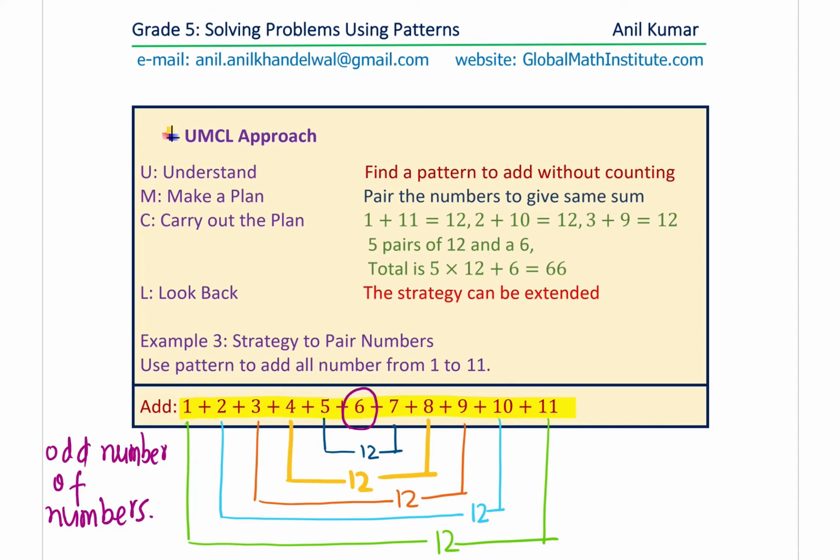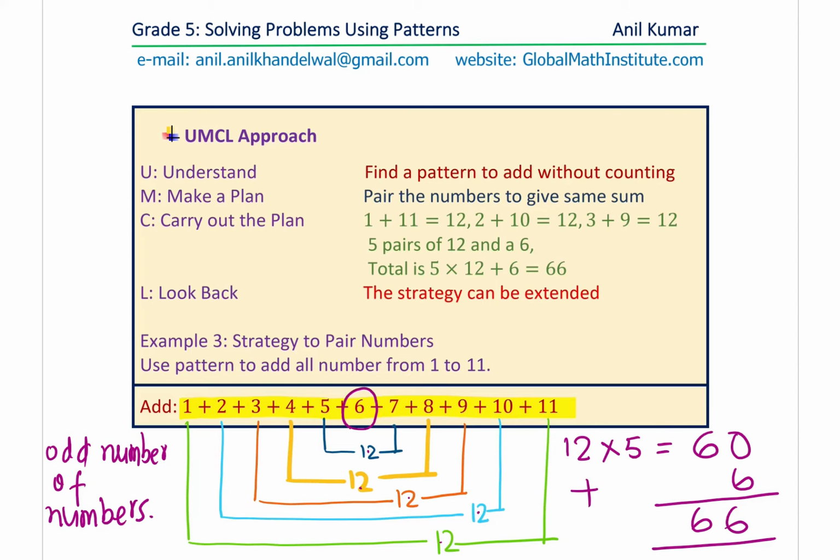So we can now add 5 12s, which is 5 times 12 is 60. Plus, we have the number 6. And when we add this, we get 66 as our answer. So the number in the center will remain. You get the idea, which is half of these numbers, correct? So that is how we should be doing it.